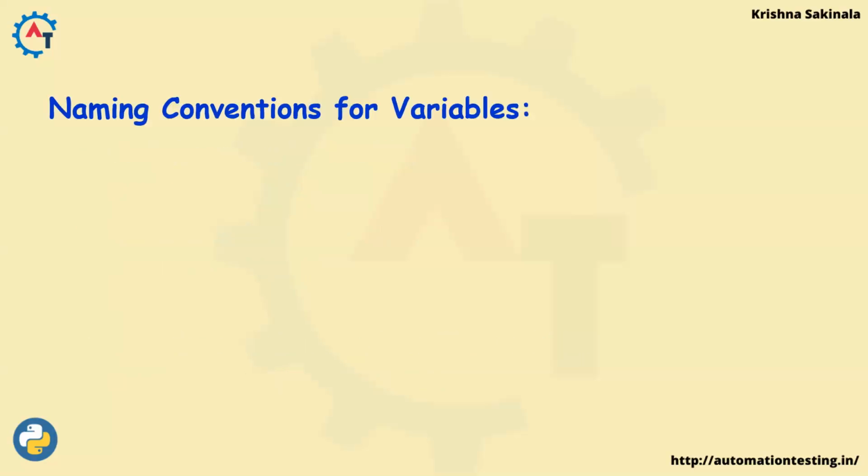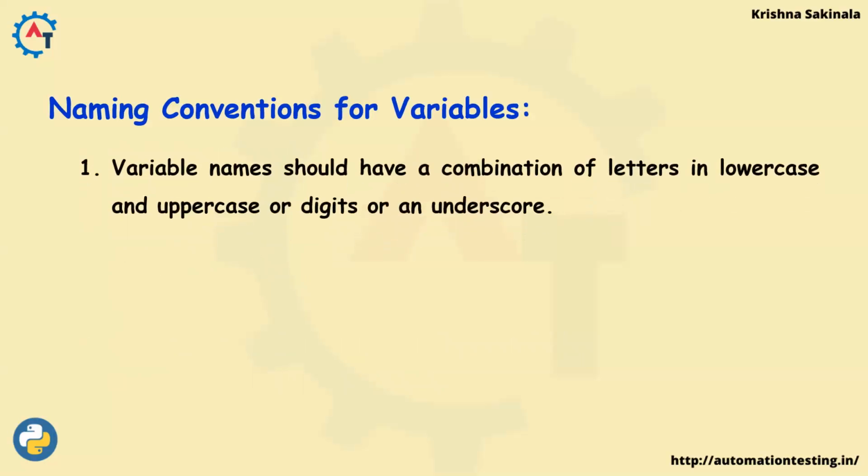You can use this way in Python. Now, naming conventions for variables. Do you have any rules for variables? Variable names should have a combination of letters in lowercase and uppercase, or digits, or an underscore, which we already saw in our previous videos. Give a meaningful name to the variable.